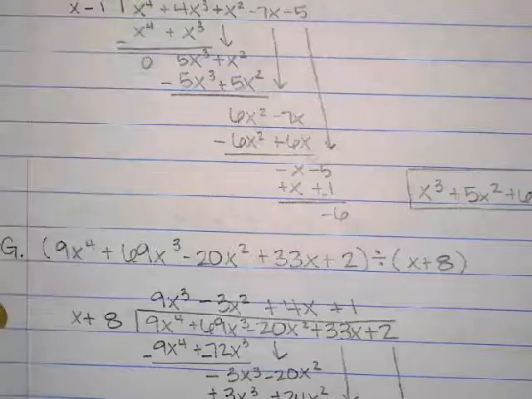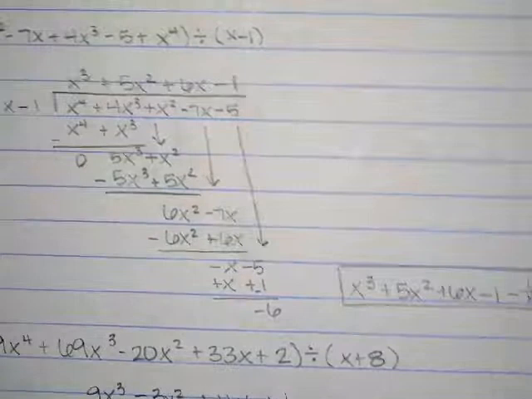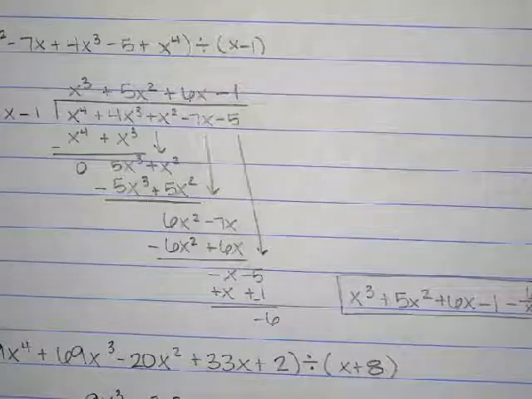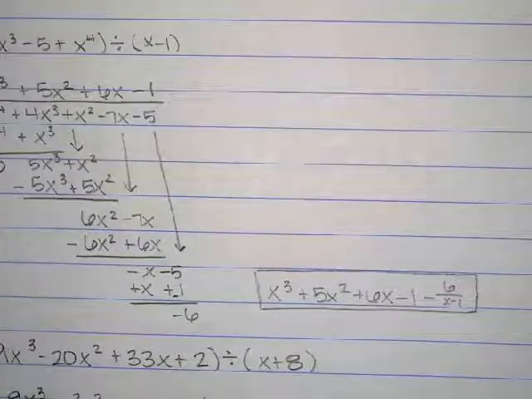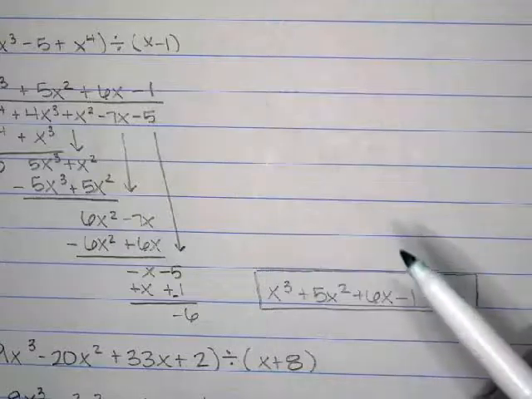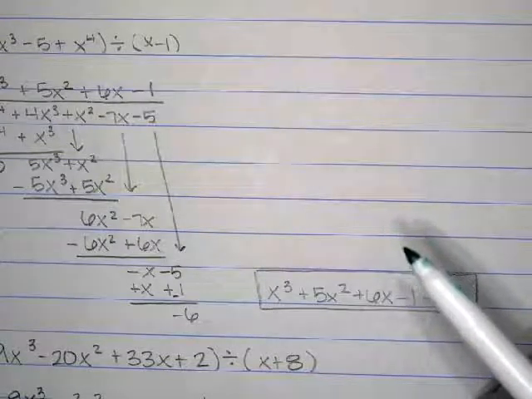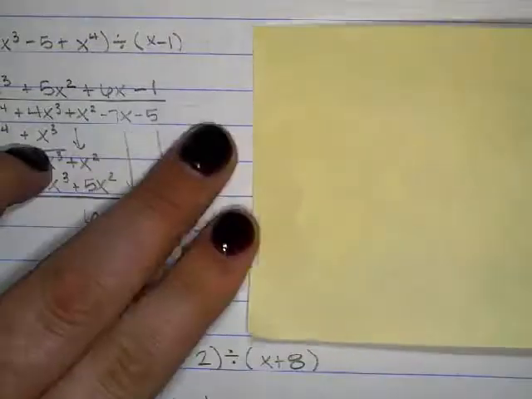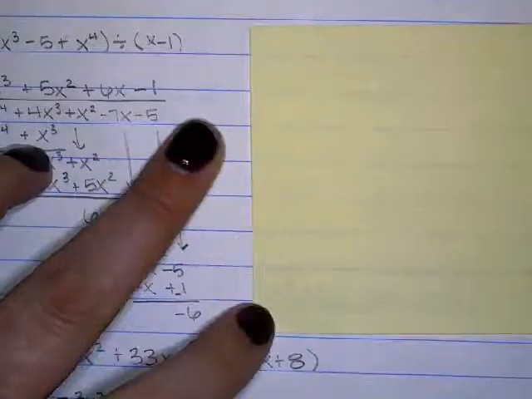And so what is our conclusion if problem A looked like this? Okay, so we're going to say x minus 1 is not a factor. Go ahead and write that next to A. We're going to shorthand it a little bit. x minus 1 is not a factor.